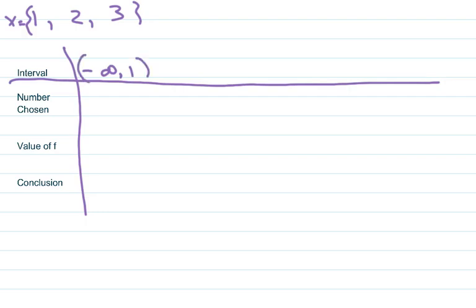So we're going to use all of those for our intervals. Again, our zeros were 1, 2, and 3. So I'm going to go negative infinity to 1. Then I'm going to go 1 to 2.